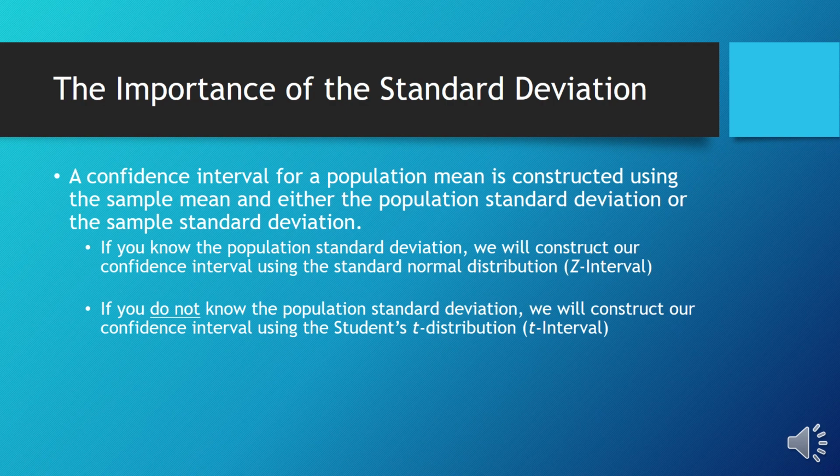If you do know it, you're going to do a z-interval. If you do not know the population standard deviation, then you'll construct your confidence interval using the student's t-distribution, which looks very, very similar to the standard normal distribution. It's just slightly different, and this is on your calculator called a t-interval.